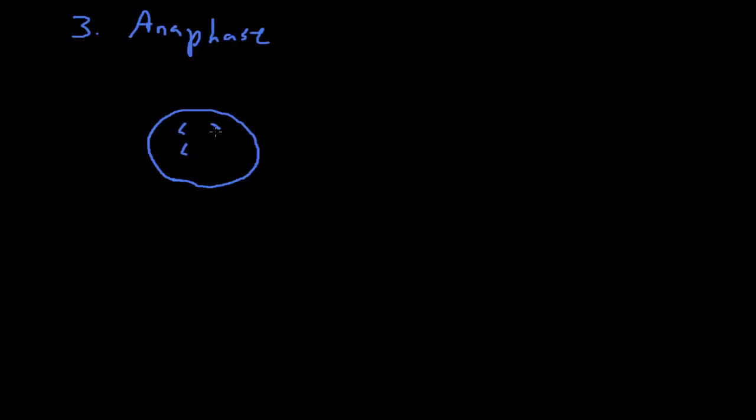Okay, so we're on number 3. Remember metaphase, where we left off: the spindles had attached, and the chromosomes were lined up in the middle. The next stage is called anaphase. So what happens during anaphase? This will take but a second to draw.